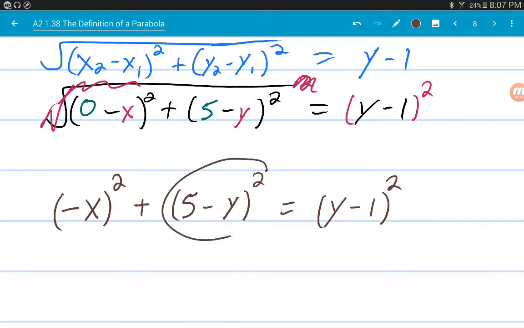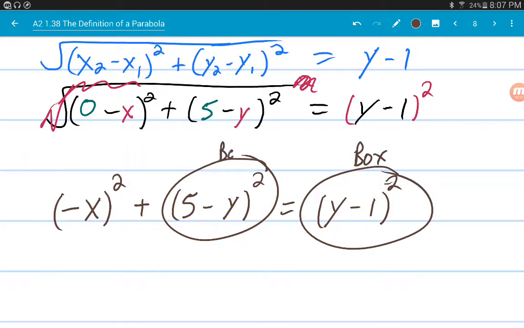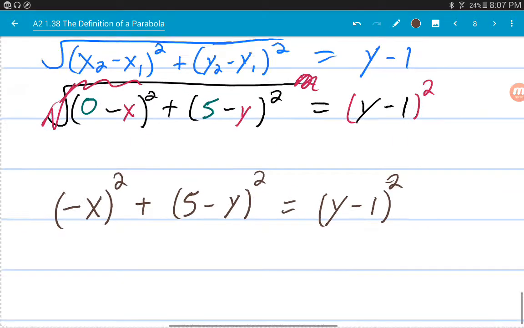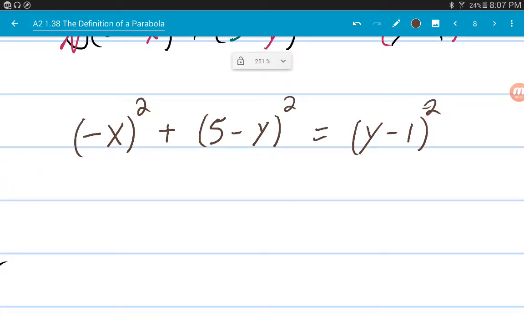Now for both of these, if you're comfortable with it, you can do the box method. 5 minus y times 5 minus y, and y minus 1 times y minus 1. Me, since I'm an old pro at this, I'm going to use the shortcut for squaring binomials. Let's clean this guy up here on the left.